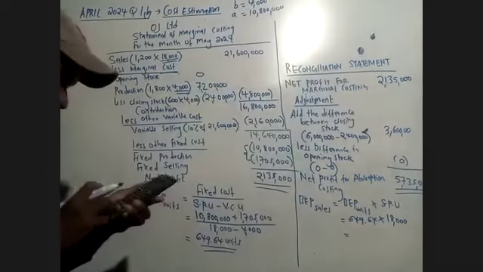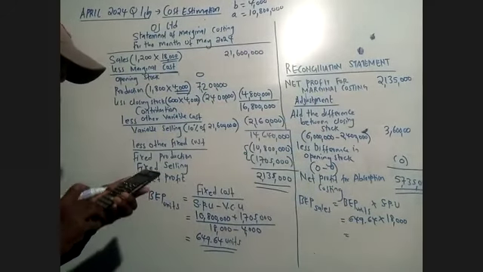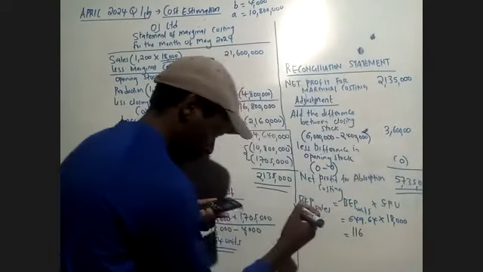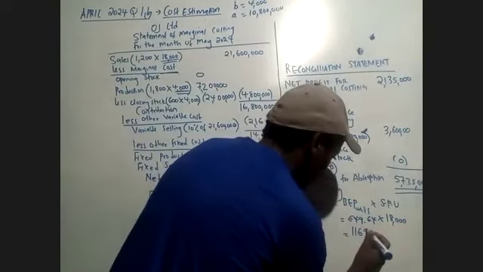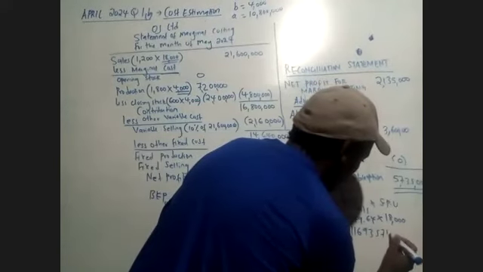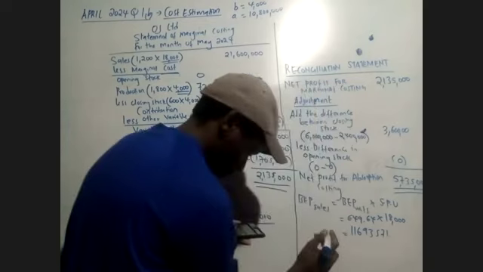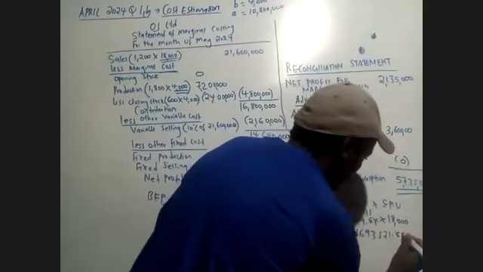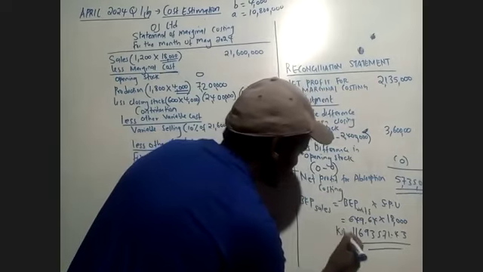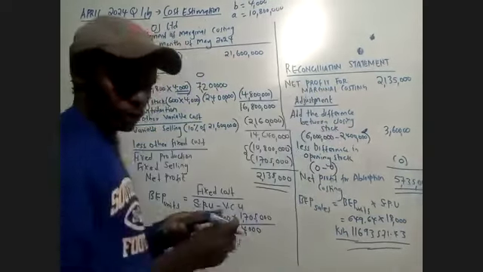Natupatia 11,693,571.43. Remember this one is in Kenya shillings. Total sales.